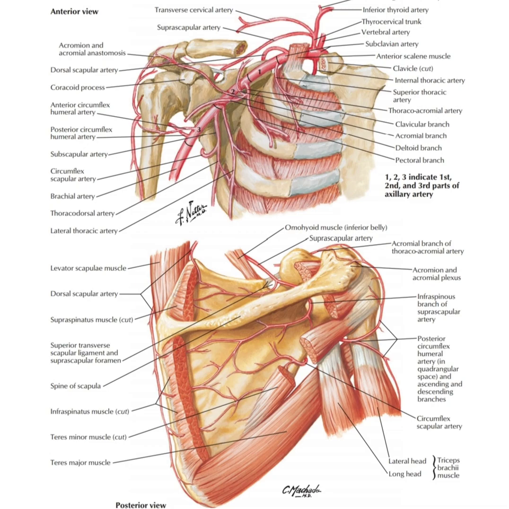Then after passing the lateral border of the first rib, it takes the name axillary artery.